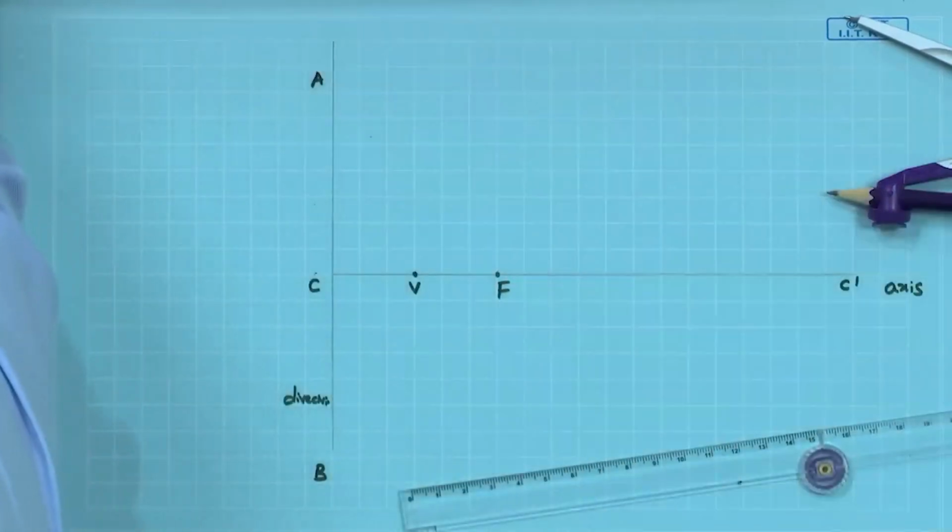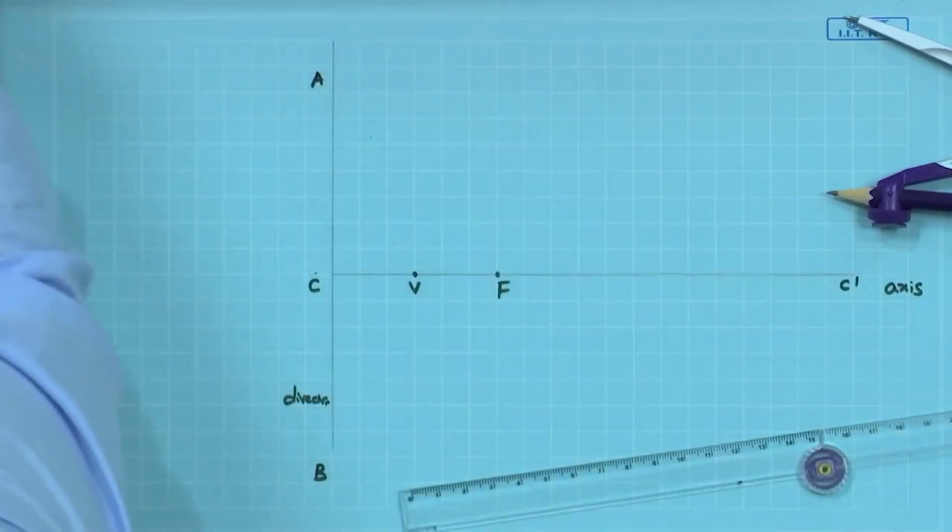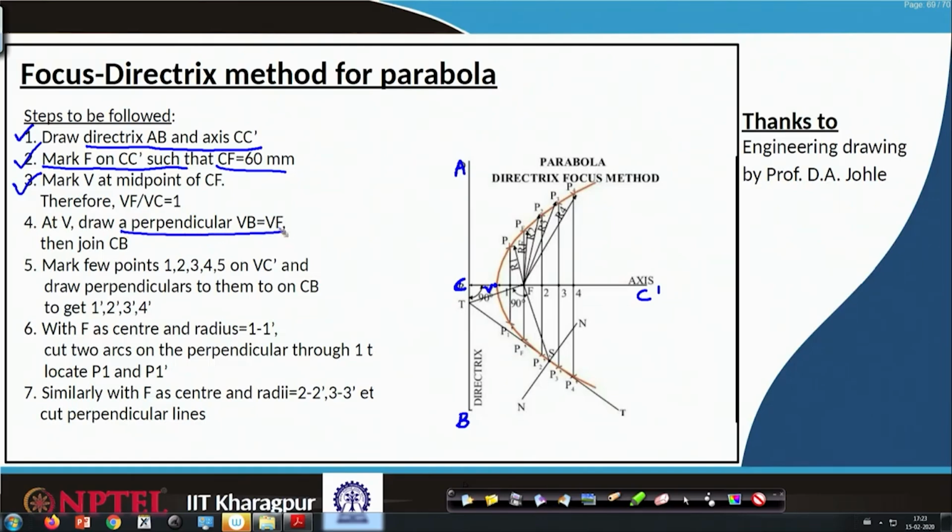After that, at V draw a perpendicular VB equal to VF. VB is equal to VF means this is VF, here we have to draw a perpendicular in that direction.